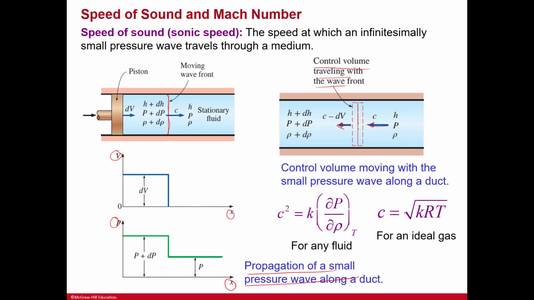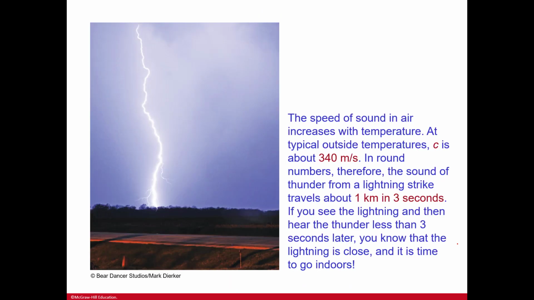Okay, so a control volume moving with the small pressure wave along a duct. And then we have formulas here for any fluid. And then, of course, a special one, because we always have a special one for ideal gases. Okay, so it's just defining what speed of sound is, and then showing you how you can propagate those with formulas.